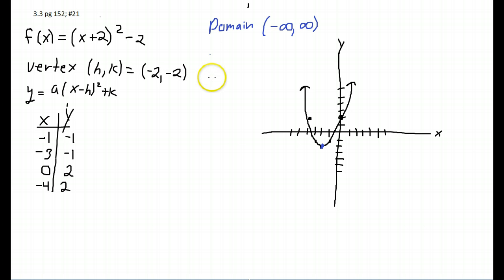So, for the range, if you like set builder notation, we have a function where y is such that y is greater than or equal to the y coordinate, negative 2.